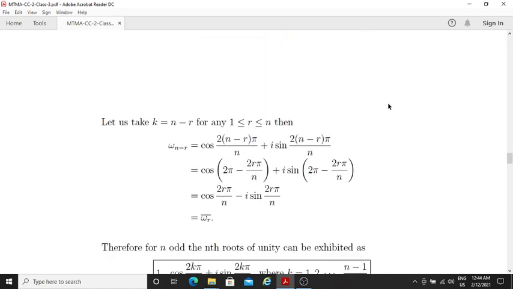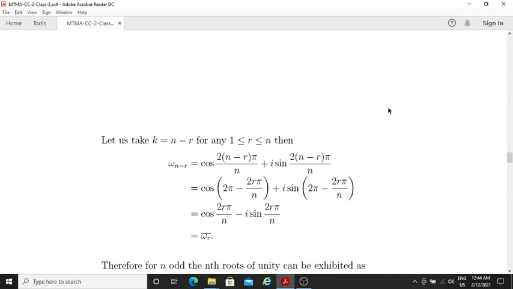Now there are certain properties of these roots, the roots of unity. If k is running from 0 to n minus 1, let us take k to be n minus r, where r is running from 1 to n.